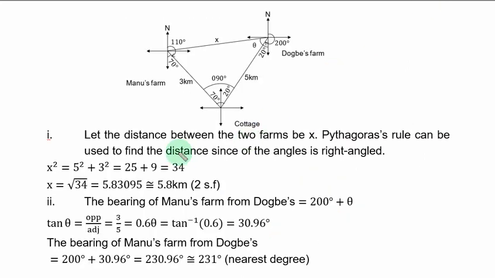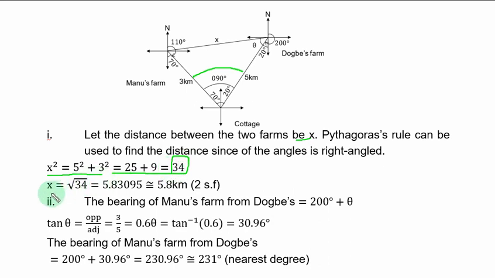Let the distance between the two farms be S, and because this angle is a right angle, S squared equals 5 squared plus 3 squared, that is 25 plus 9, you have 34.